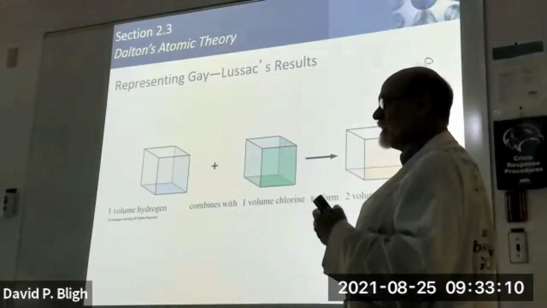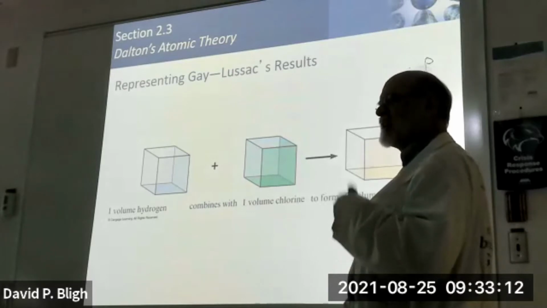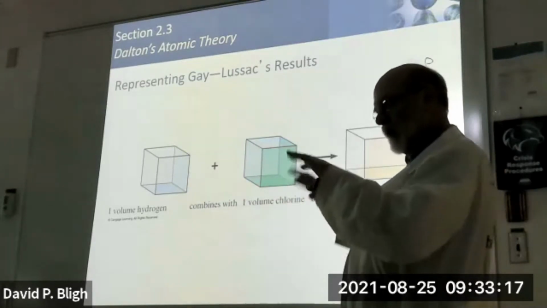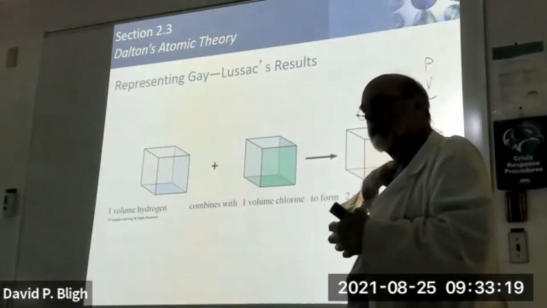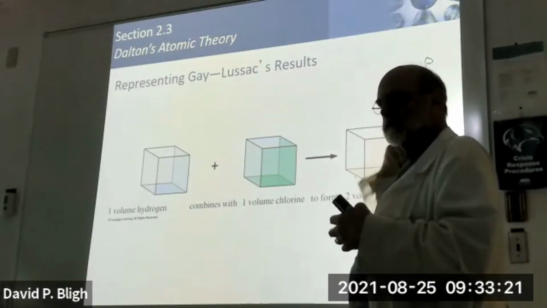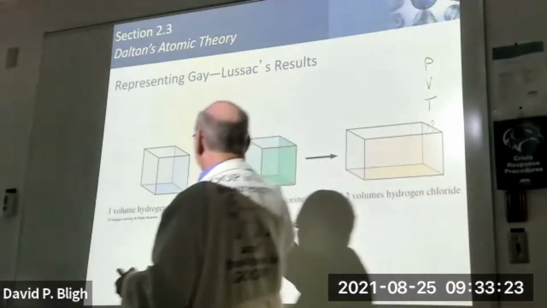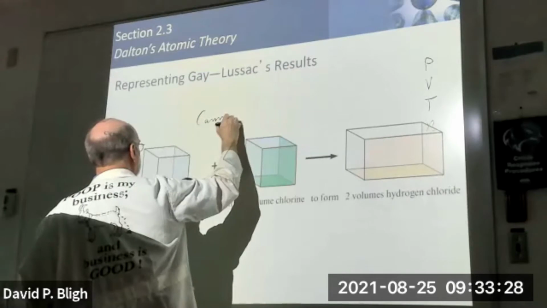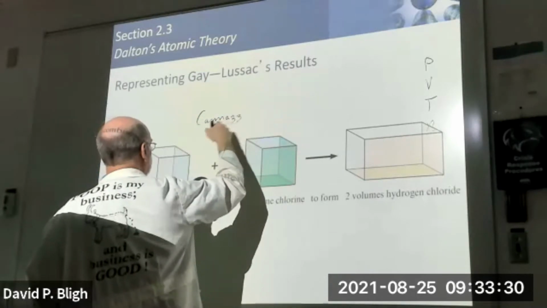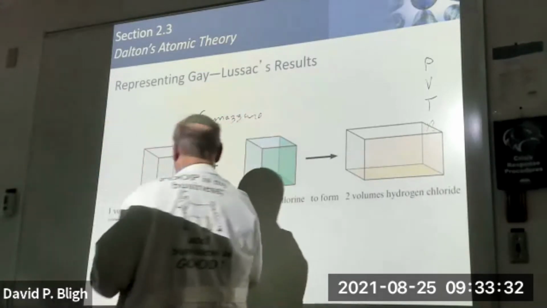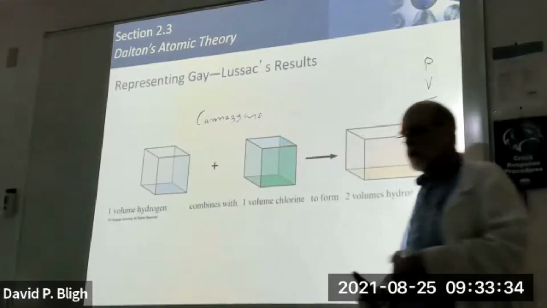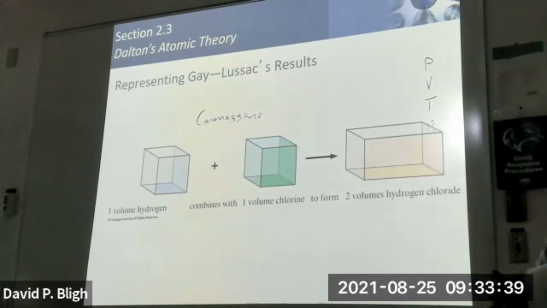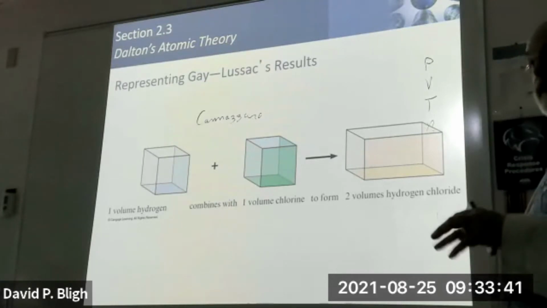Avogadro actually didn't flesh out his theory quite completely so that other scientists could understand what he was getting at. It took a student of his. His name was Cannizzaro. He was an Italian, and he didn't like the textbooks that were available of that day.